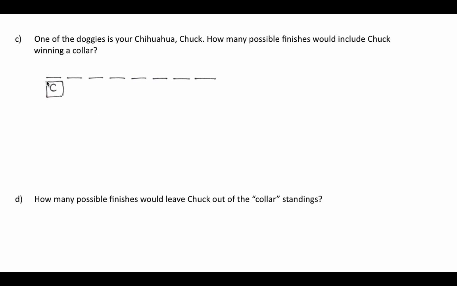So here's 8 dogs finishing the race, total possible finishes. Here's Chuck. This is where Chuck comes in first. If we want to ensure that he comes in first, he's not even a choice anymore. He's just one dog. He has finished first. That means there's 7 different dogs that could come second, 6 that could come third, and so on. So there's 5,040 different ways that race could be finished if Chuck comes in first place.